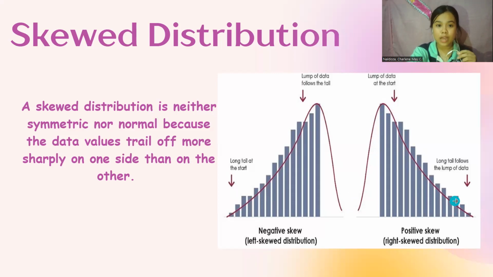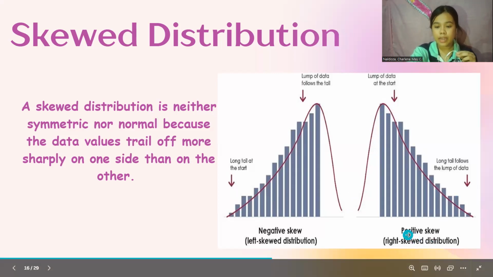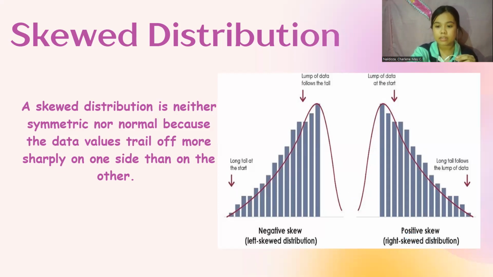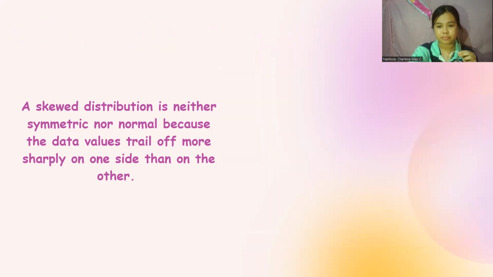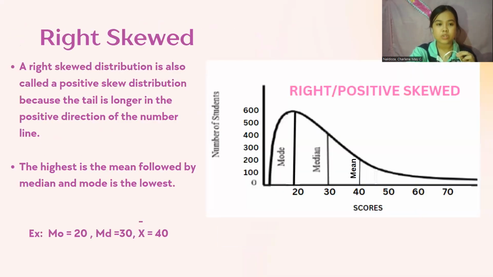And there are two types of skewed distribution, and that is the negative skewed or the left skewed distribution, and the positive skewed or the right skewed distribution. A right skewed distribution is also called a positive skewed distribution because the tail is longer in the positive direction of the number line.